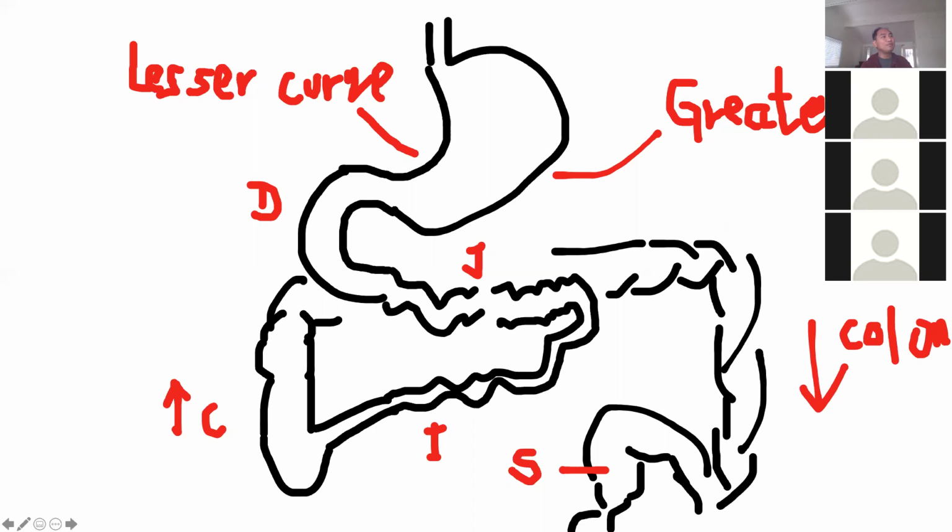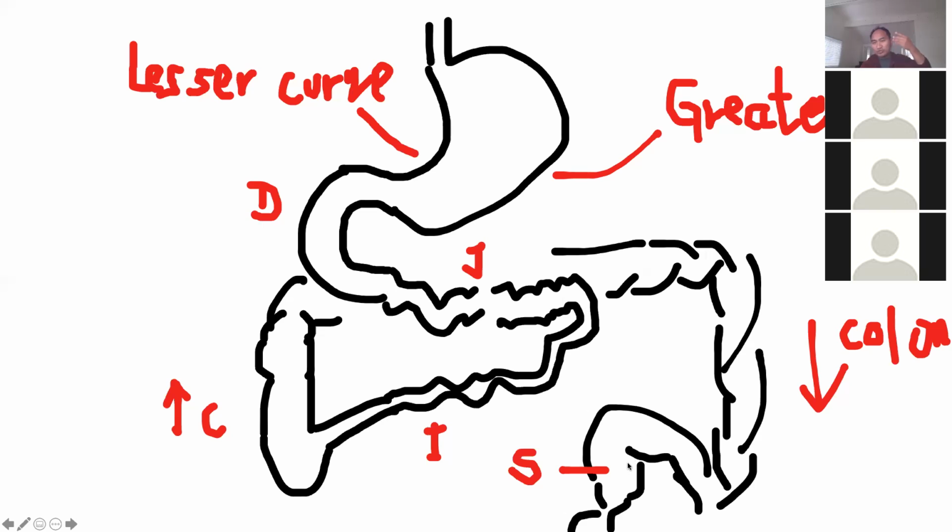So the barium will be going from the esophagus, the barium will get to the stomach, the barium will get to the duodenum, the barium will get to the jejunum, the barium keeps going into the ileum, into the cecum, ascending colon, transverse colon, descending colon, sigmoid colon.